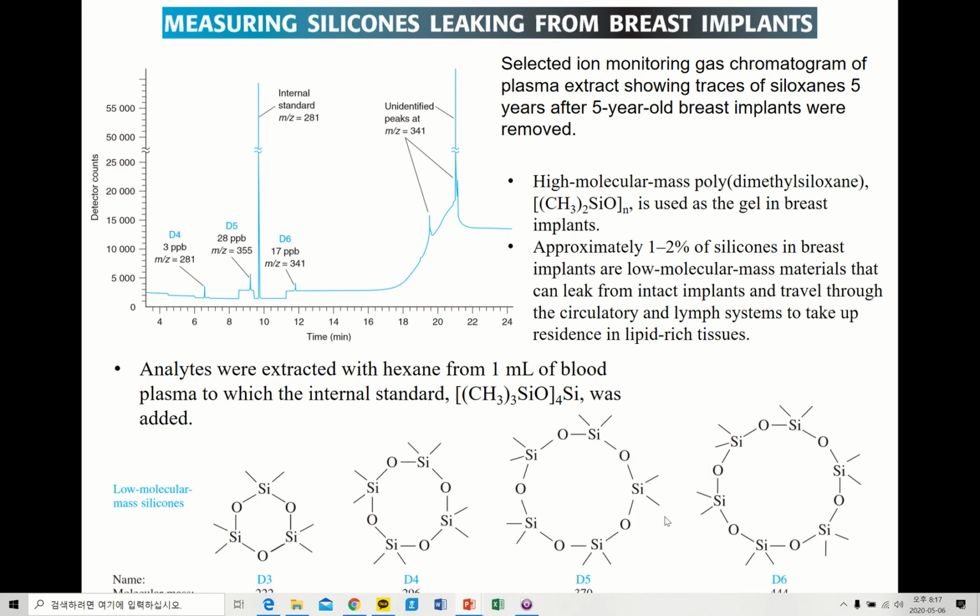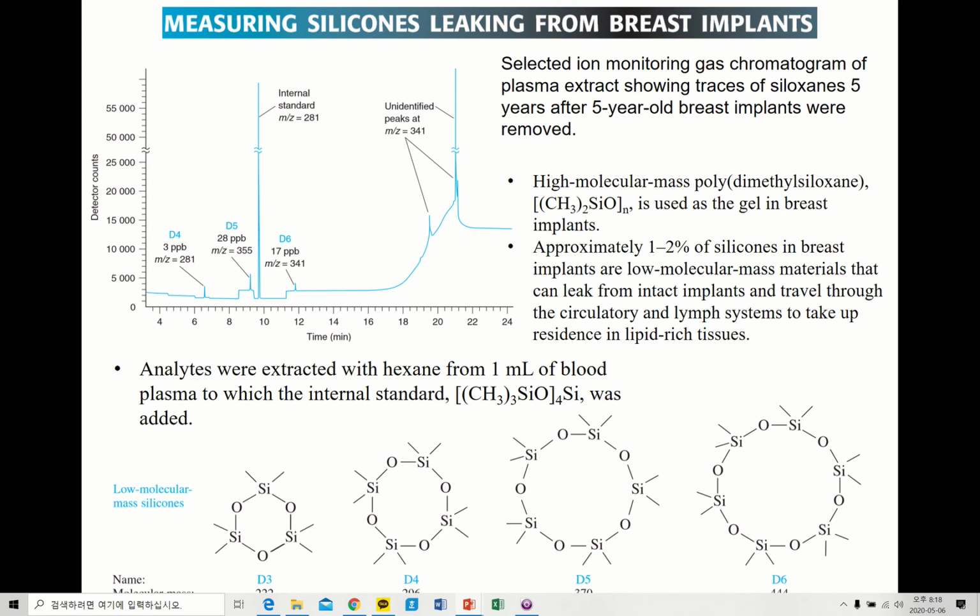Anyway, the woman wants to have breast implants with the silicone compounds. For beauty it's perfectly okay. But the problem may be after many years. After maybe several years, some of these species may leak from the implant into the blood and into the tissue, and it may affect your health.